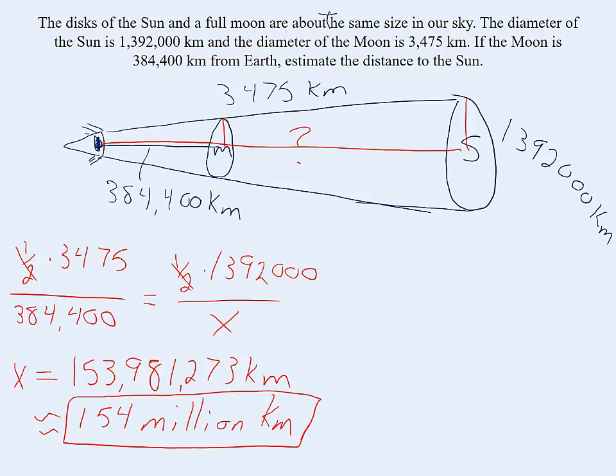Now, the real distance between the sun and the earth on average is 149.6 million kilometers. So our estimate of using similar triangles and their radii and the distance between the objects is pretty close. Not too bad at all here.